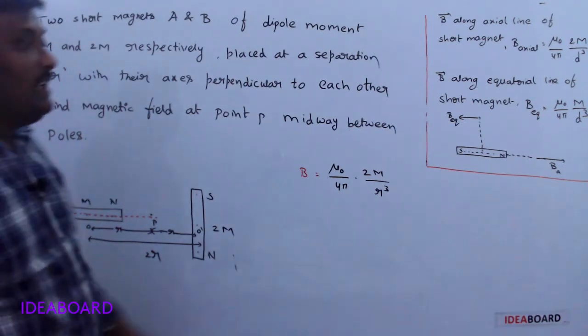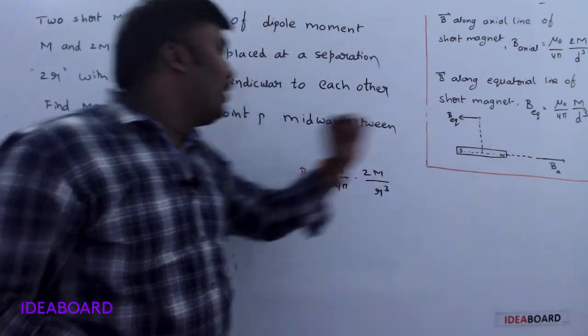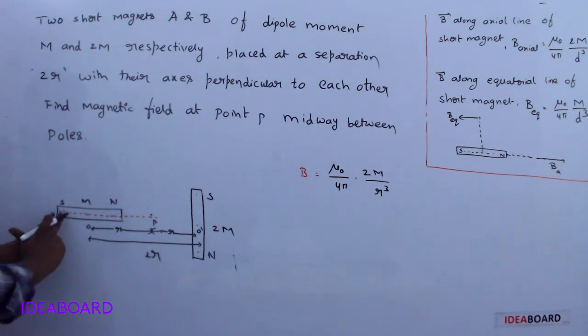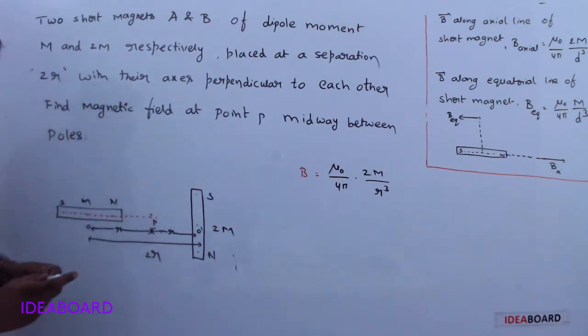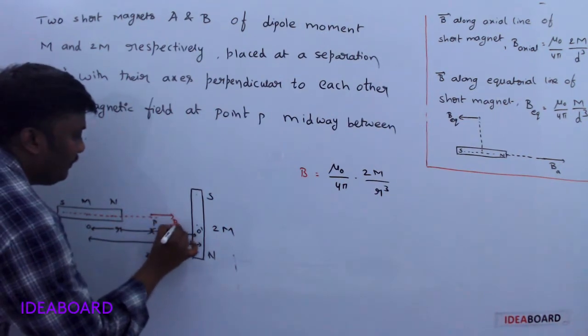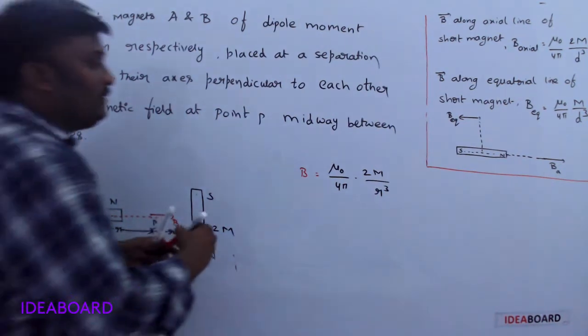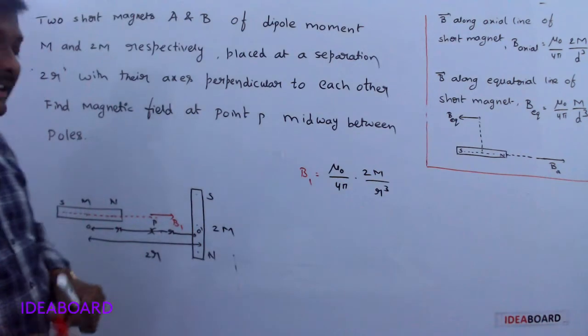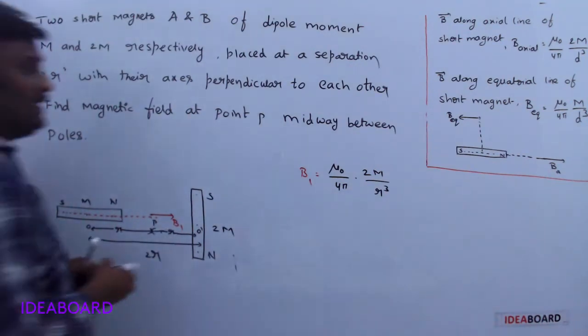What is the direction? The direction is always from south to north of the magnet. So the direction of B1 is in this way. Understand? This is B1, and its direction is in this way. Next, B2.